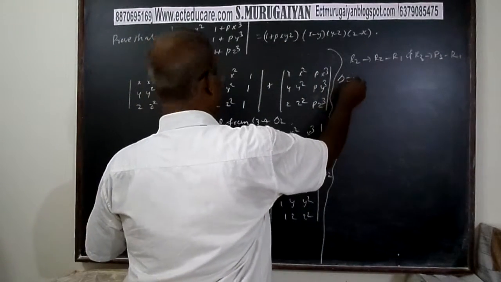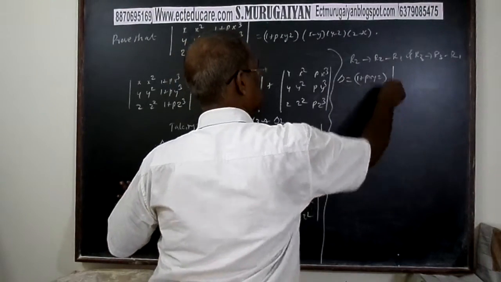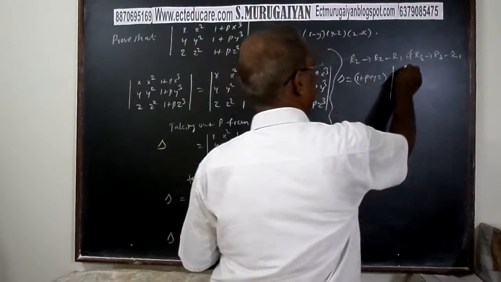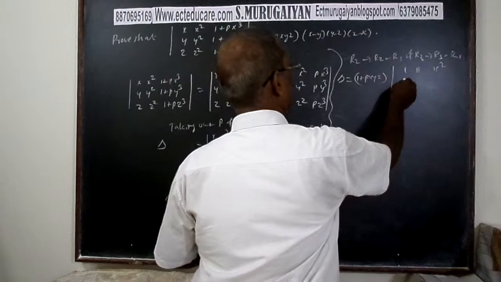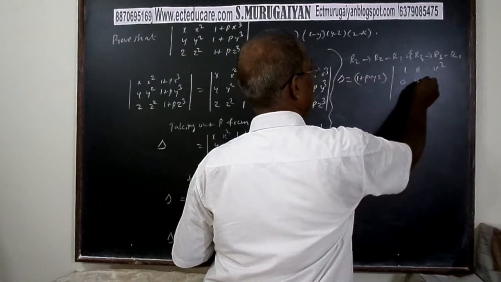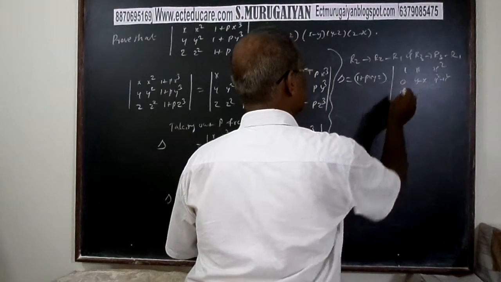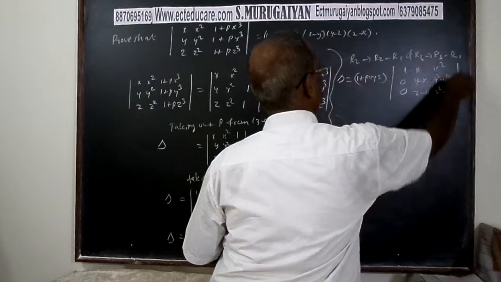Now delta equals 1 plus pxyz into: no change in R1, 1 x x square; then 1 minus 1, 0, y minus x and y square minus x square; and again 0, z minus x, z square minus x square.